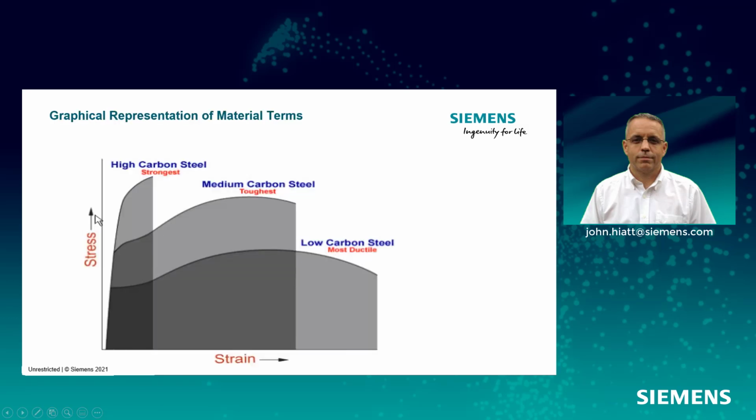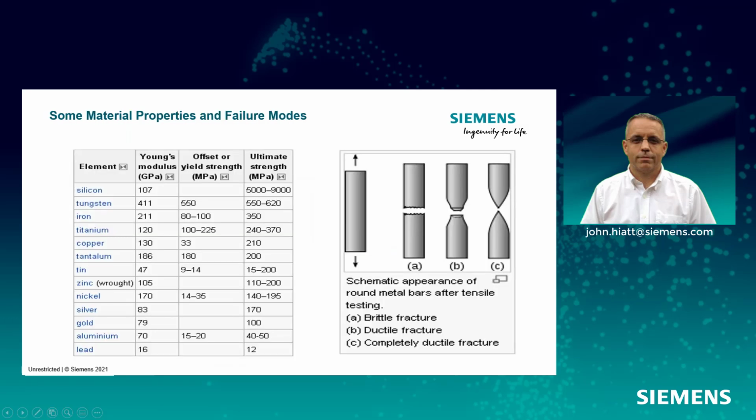Here are some graphic representations of materials. So the strongest, the highest ultimate, the toughest, the most area, the most ductile. Ductile metals would be like silver, gold, jewelry material, very ductile, malleable materials. This gives you some metrics on them, the ultimate strength; these are on elements.